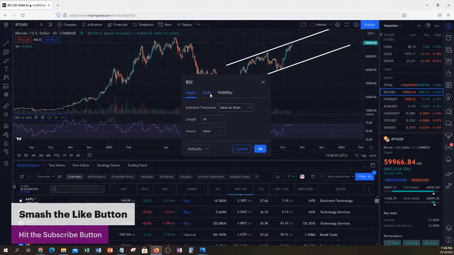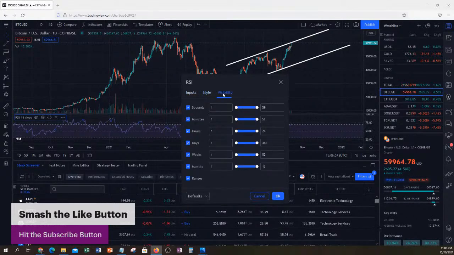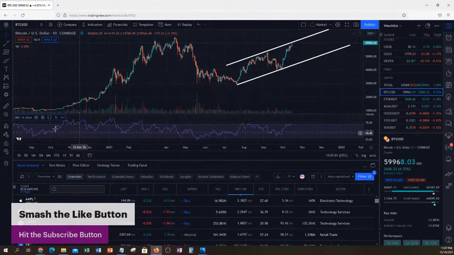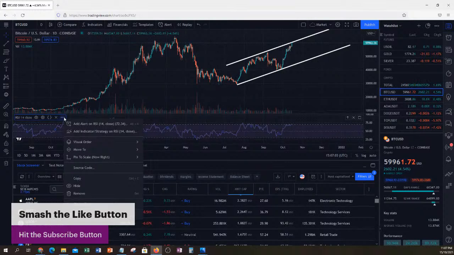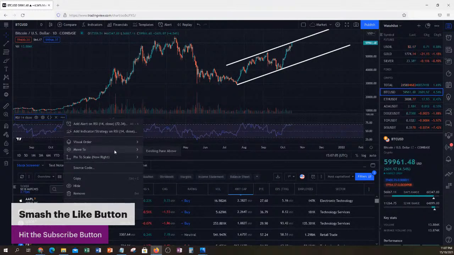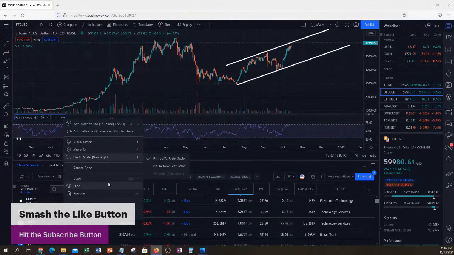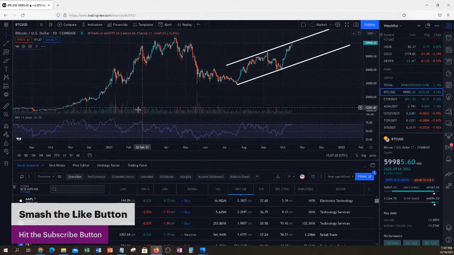I like to change this also on the visibility. This is the same as the chart, this is 14. Let's see if I can add this to another existing pane or create one. I don't think I can. So it's okay. Basically I wanted to move this down, but it's fine.